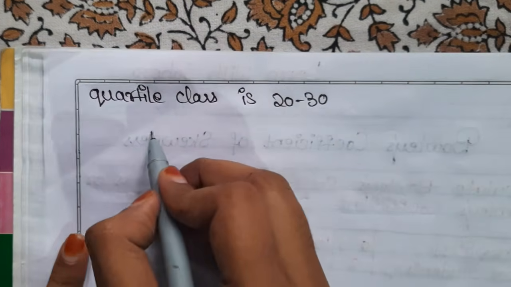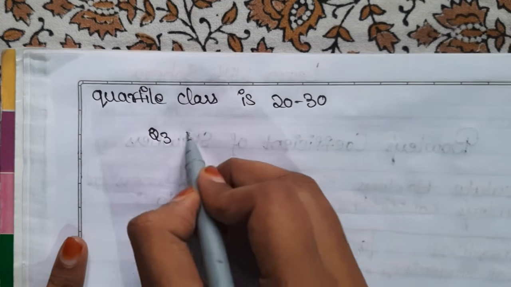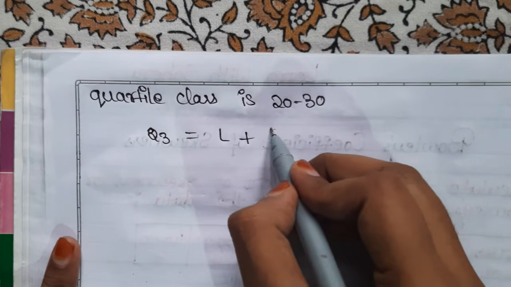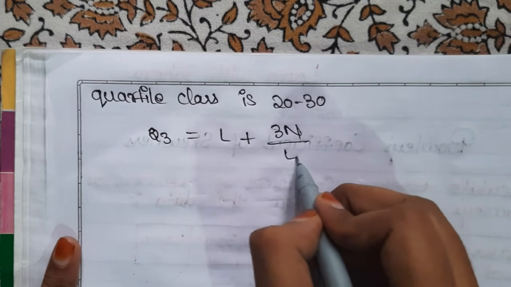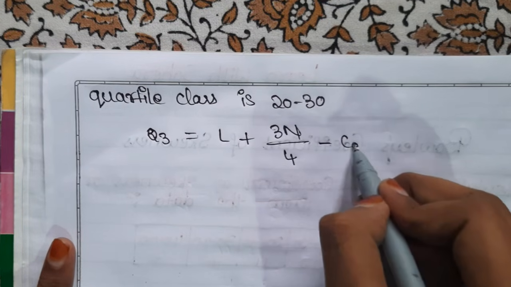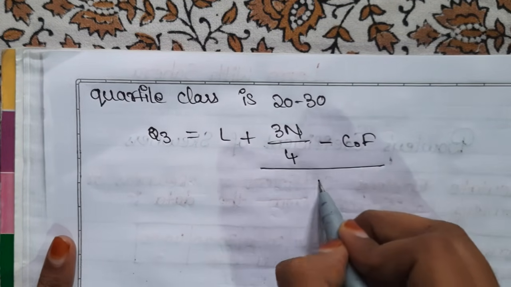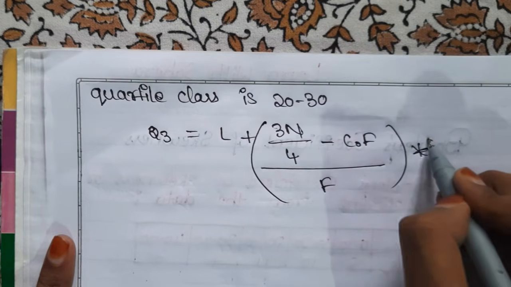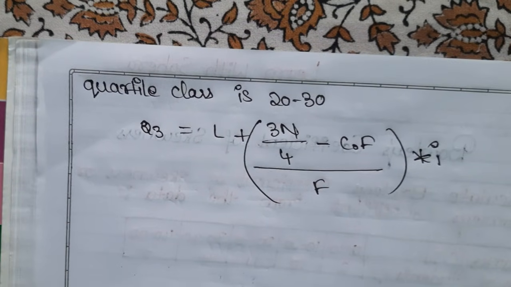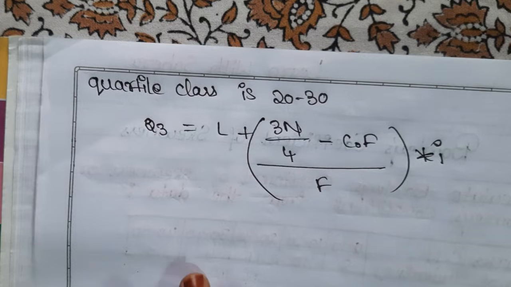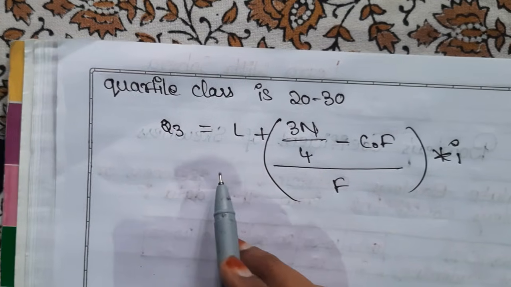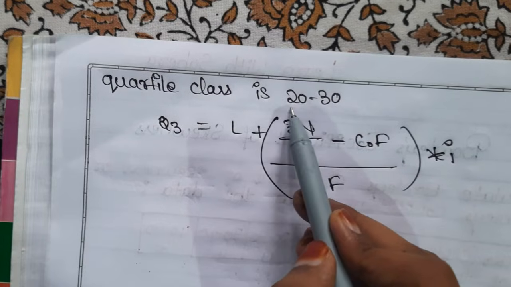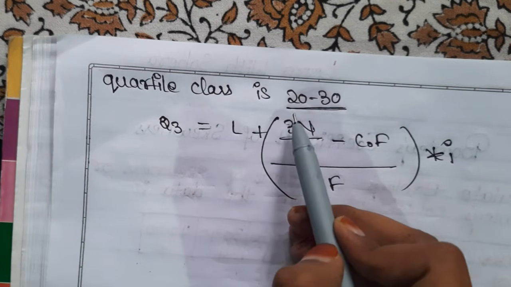Now let us see the formula of Q3. What is the formula of Q3? L plus 3n by 4 minus cumulative frequency, by f, multiplied by i. So this is the formula. After finding the quartile class, we should take this formula. L is nothing but the lower class.